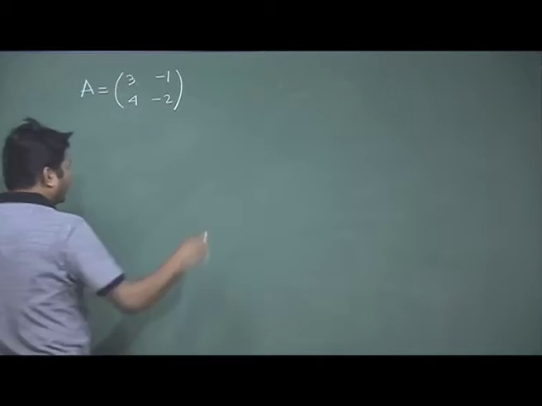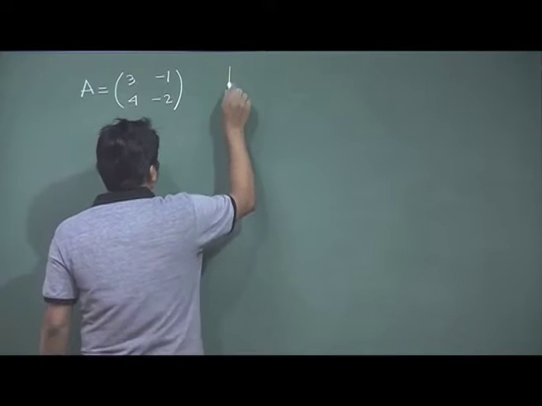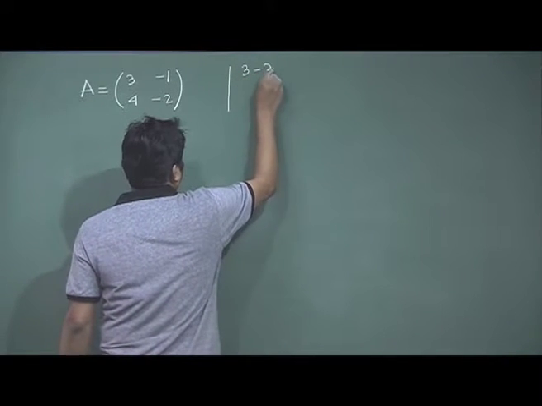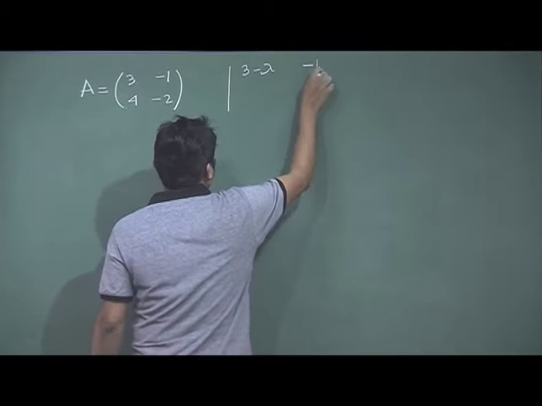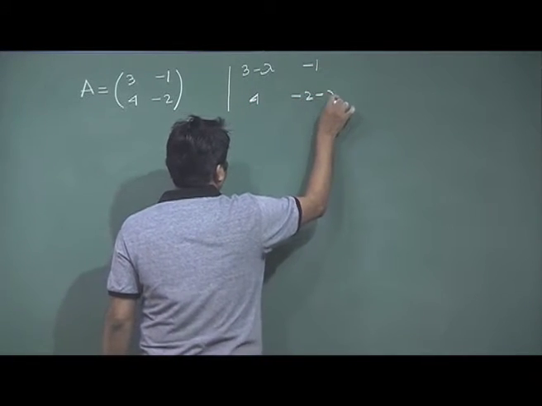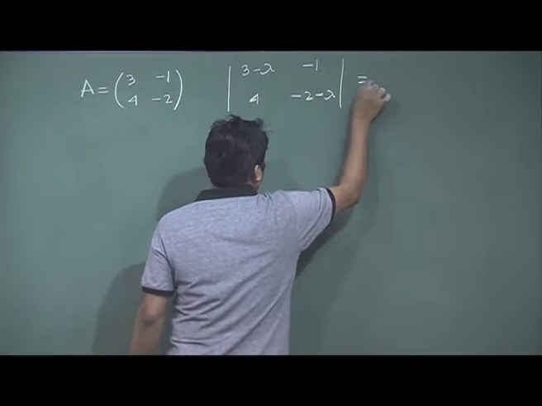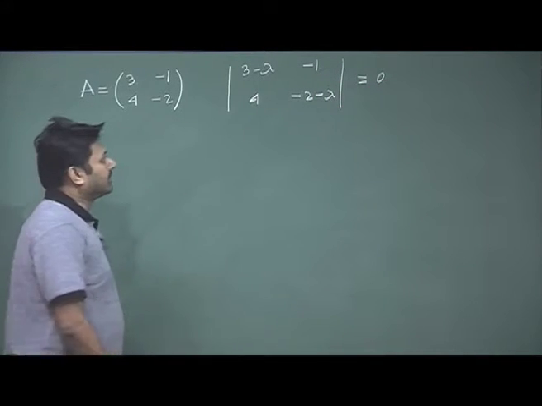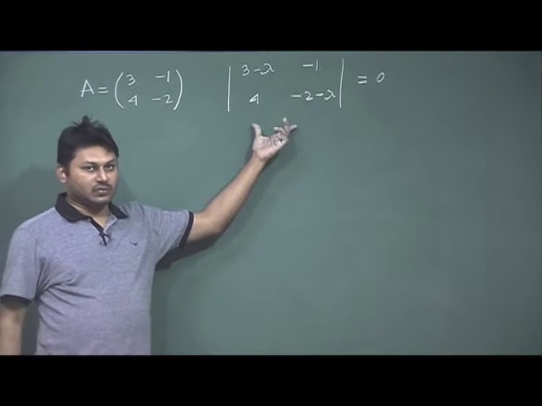So, my secular equation for this matrix will be the determinant of 3 minus lambda, minus 1, 4, minus 2 minus lambda, equal to 0.